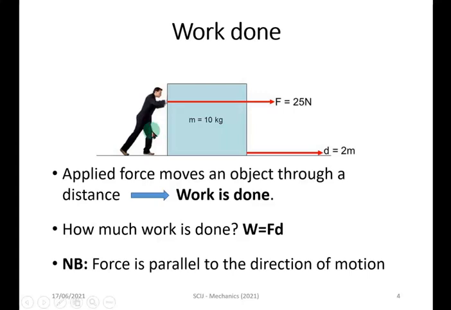On your screen, you can see a gentleman pushing a big box, and he's applying a force of 25 Newton. And if we were able to see the distance, it will be about 2 meters. Now, we see that the gentleman has done work, and the work can be quantified by multiplying the force by the distance traveled.